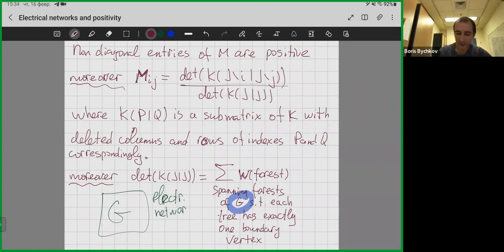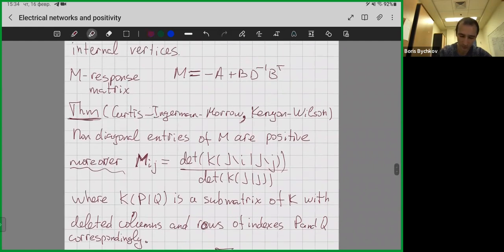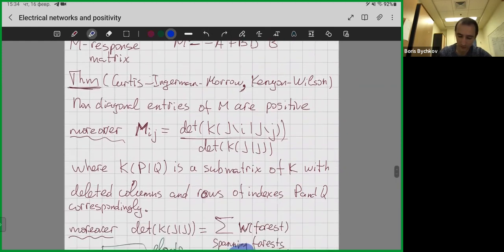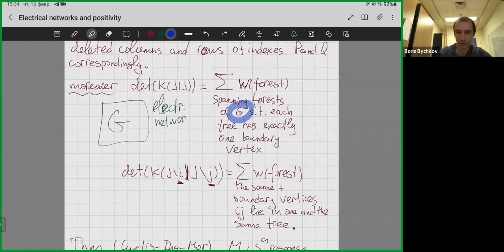То, что это отношение определителей, следует просто из этой формулы. А то, что эти определители представляются как суммы по лесам, это следует из обобщения матричной теоремы о деревьях.